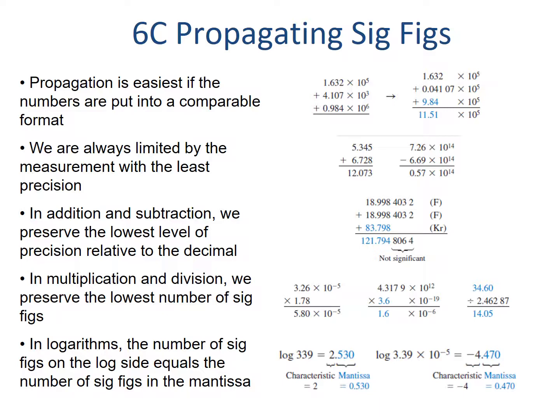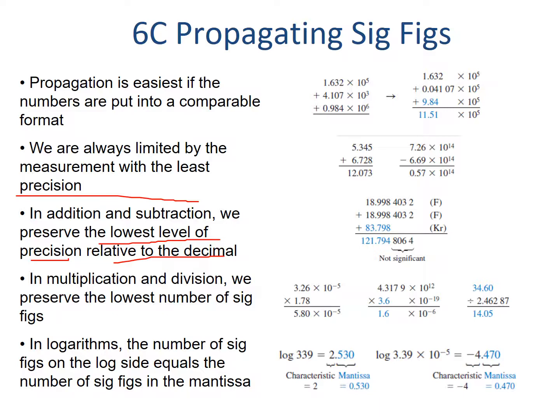It's going to depend on the type of operation, but we're always going to be limited by the measurement with the least precision. In addition and subtraction, we're always going to preserve the lowest level of precision relative to the decimal. So if our lowest level of precision is the tenths place, we're going to stop things at the tenths place. If our lowest level of precision is the hundreds unit, we're going to stop things at the hundreds unit.